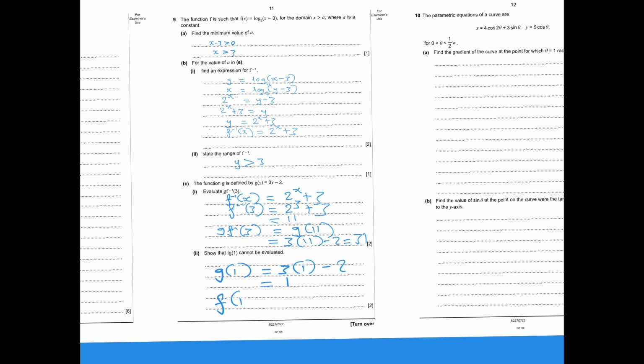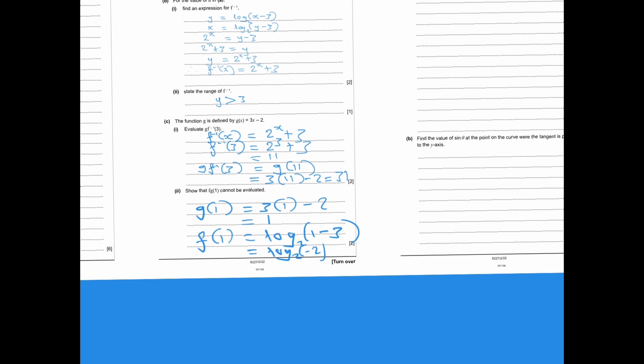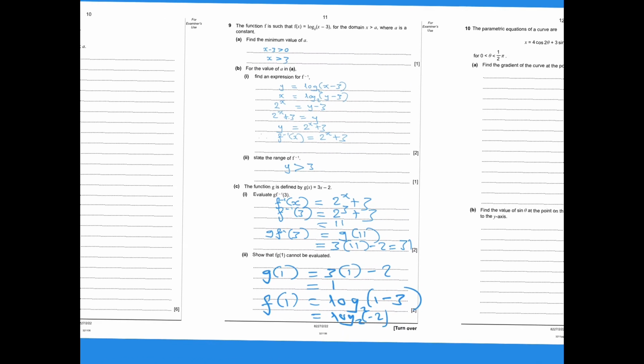We go back to our original function. f of 1, remember it's log of x minus 3 base 2, so now it is 1 minus 3. So we are talking here of log of negative 2 base 2. It cannot be evaluated because this is actually undefined. Log of a negative is undefined, as we have already said before. So that's what we are having there for question 9.